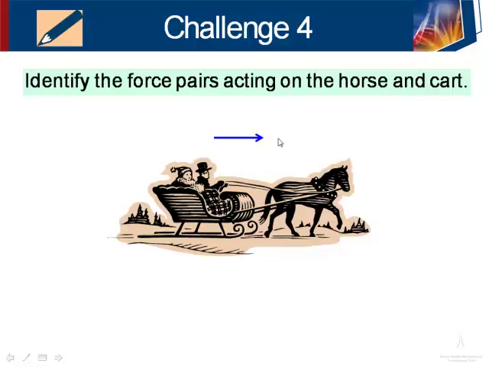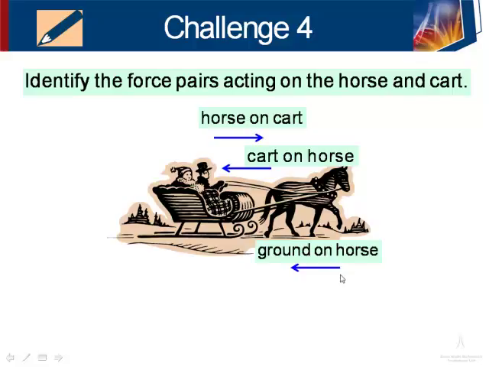The first force pair is a force of the horse on the cart and the cart on the horse. There's a force of the ground on the horse and the force of the horse on the ground.